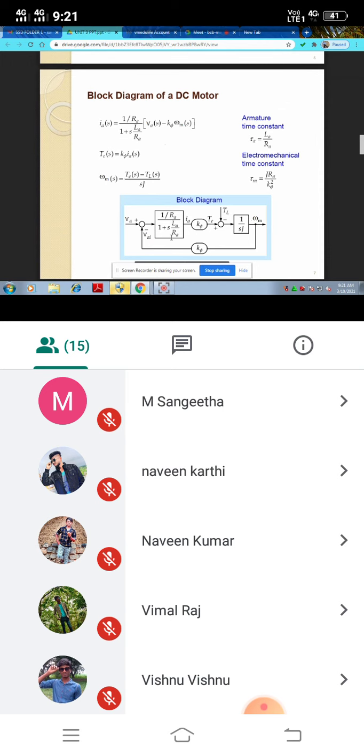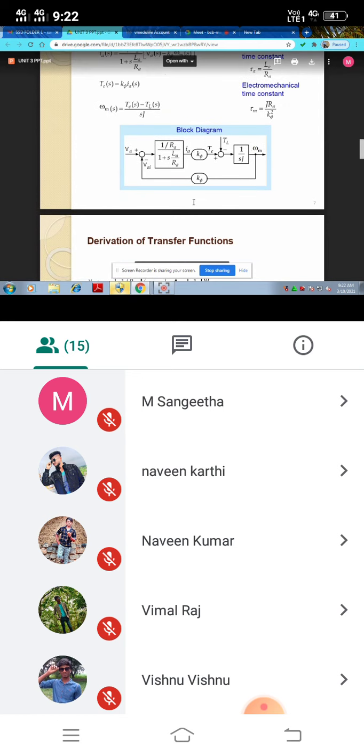We know V of s is an input, and Wm of s is another input here. Those two inputs have to be adopted at the summing point of the mathematical equations. So these three equations are arranged in the order of making the block diagram. Okay, this is the final equation.